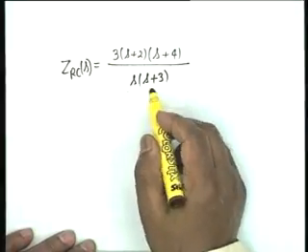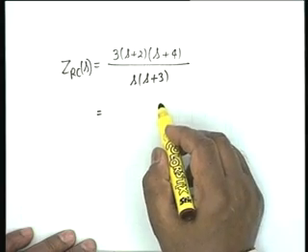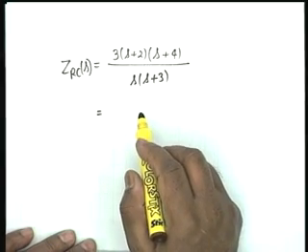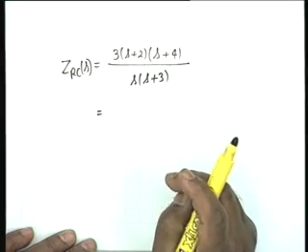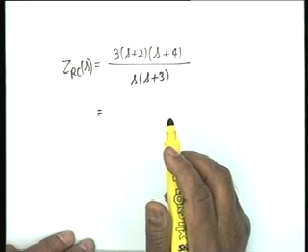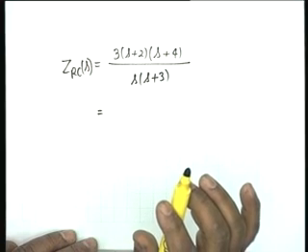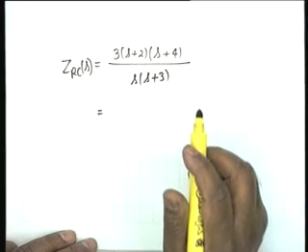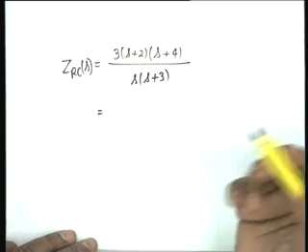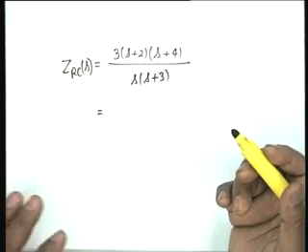If I want to synthesize this, then I write this in terms of its poles. Does it have a pole at infinity? It cannot have a pole at infinity if it is a ZRC. So, at infinity, with a little practice, you will be able to write down the value directly.